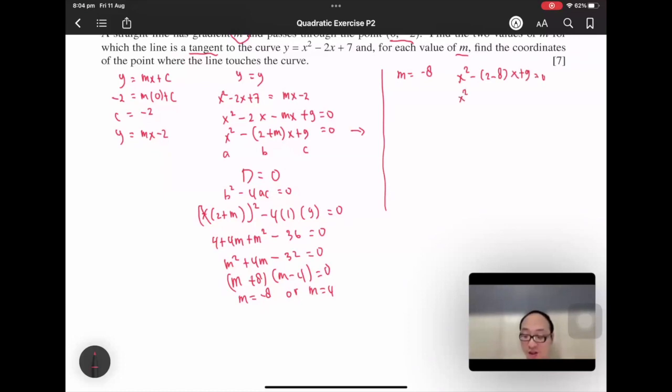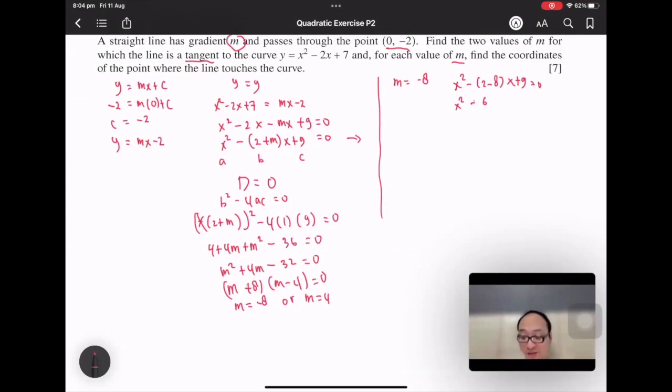So x squared minus negative 6x, which becomes positive, plus 9 equals 0. So (x plus 3) squared equals 0. So x equals negative 3.